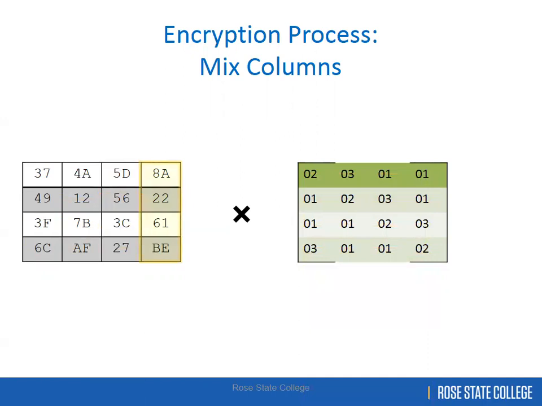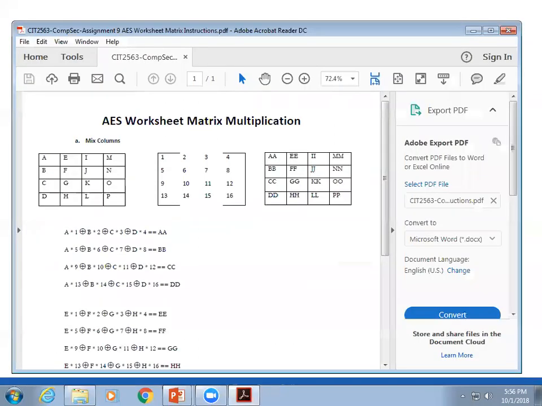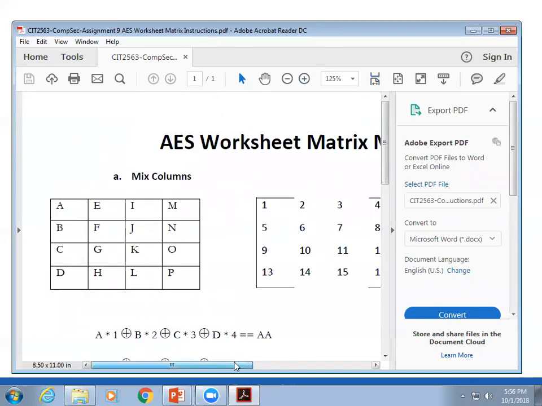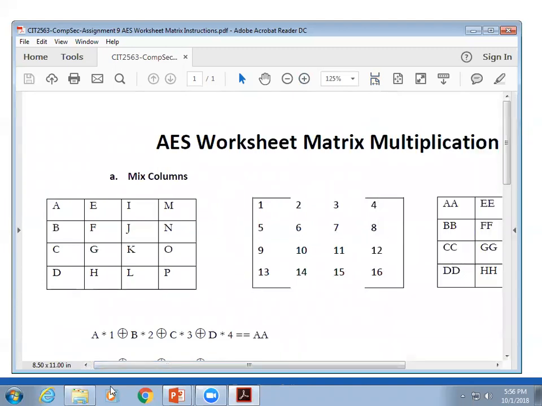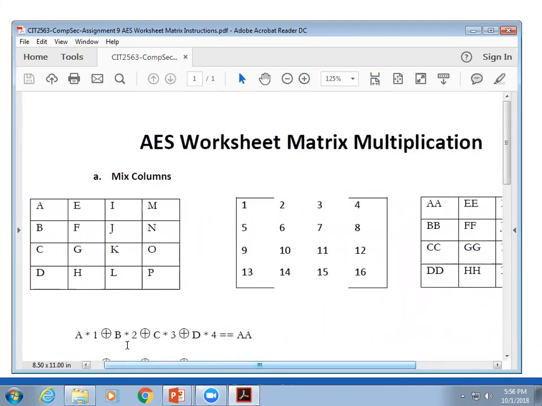I'm going to show you how to do the math. Then you take the last column and multiply each of these. Since we got that one up there still, if you notice, A times 1, XOR B times 2. Let me make this bigger in case some of you can't see it. So A times 1, XORed with B times 2, XORed with C times 3, XORed with D times 4.